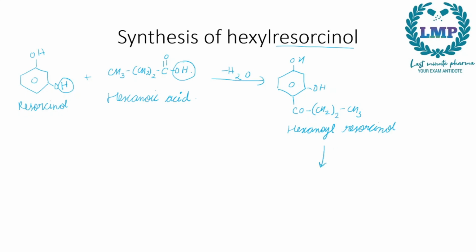Next we will let this compound undergo Clemmensen reaction. So what happens in Clemmensen reaction is, we have a ketone group converting to an alkane group. So after doing Clemmensen reaction, OH, OH, and here this is a ketone group, that is, it was written like this.